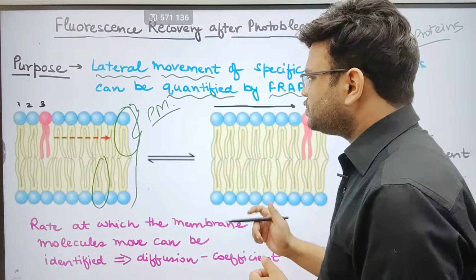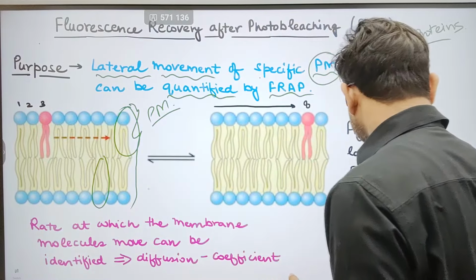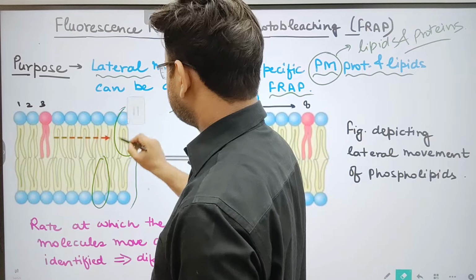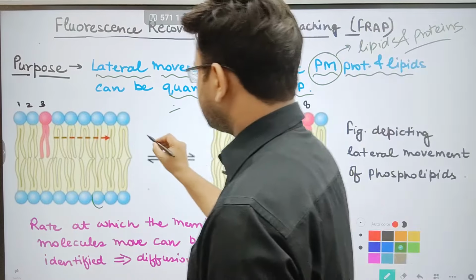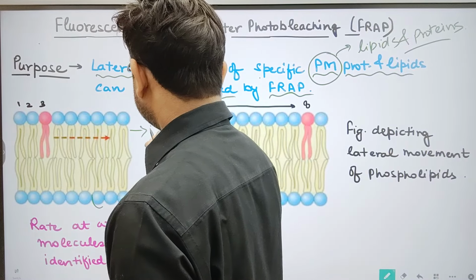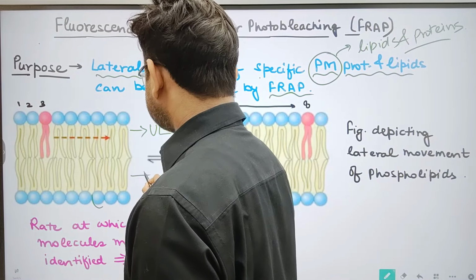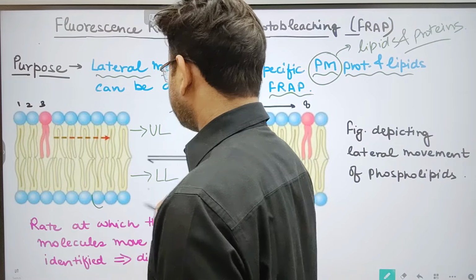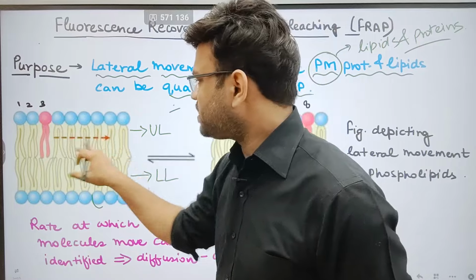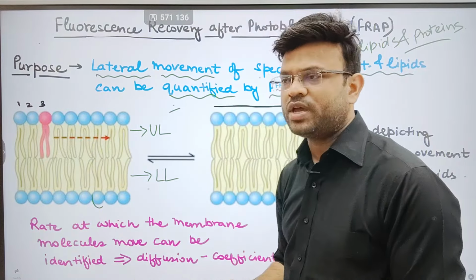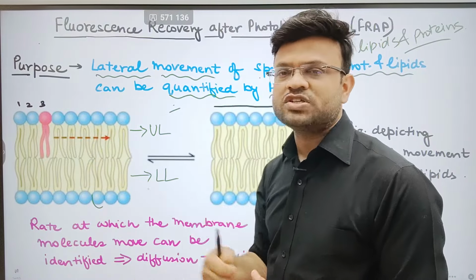Let us consider this as the upper leaflet, and this is the lower leaflet. So plasma membrane is made up of two leaflets, upper leaflet and lower leaflet. Both of these are made up of phospholipids.